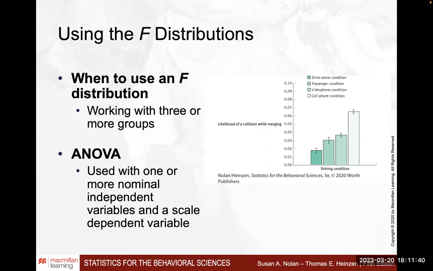Because when you do that, with each comparison you have an alpha of 5%.